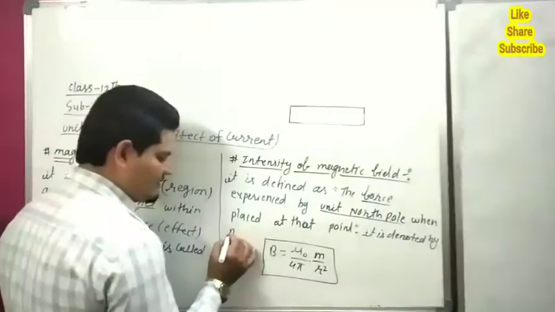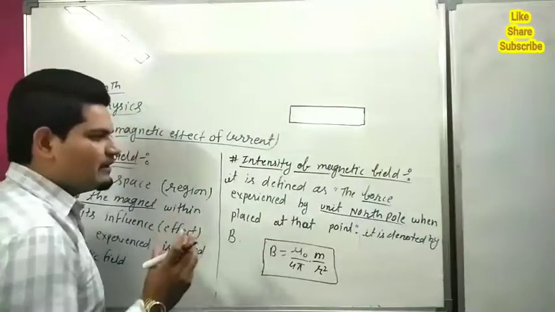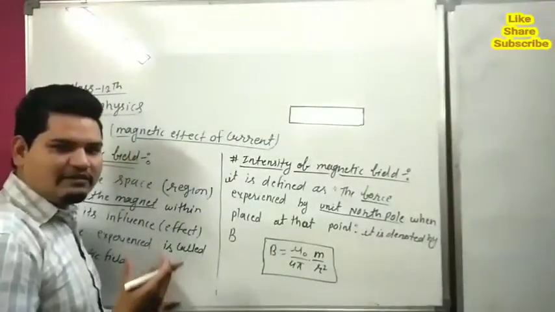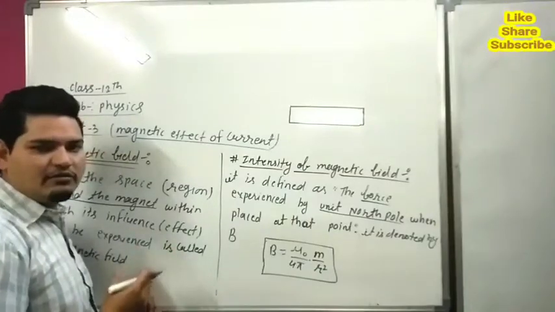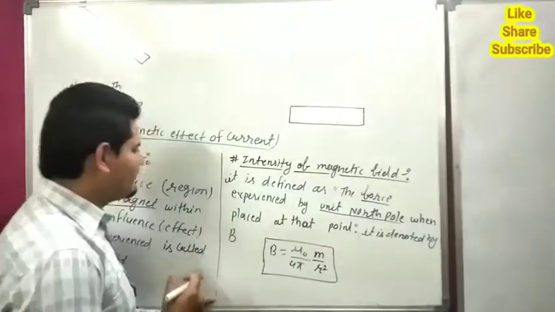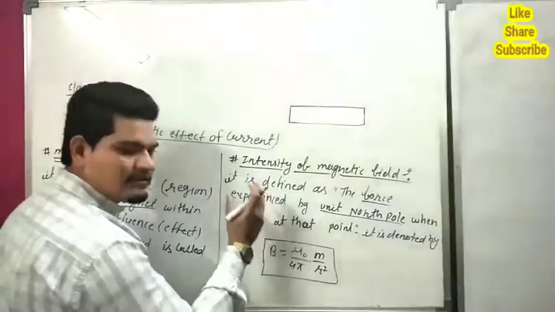It is denoted by symbol B. So intensity of magnetic field is nothing but the force which acts on the unit north pole.